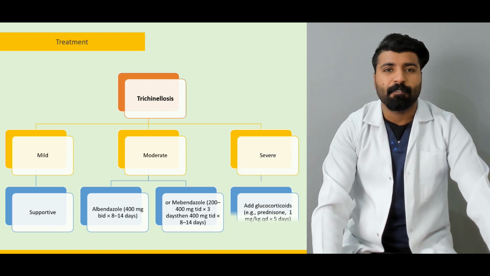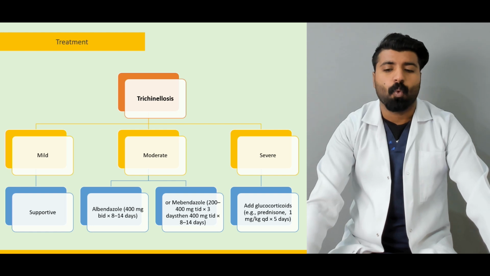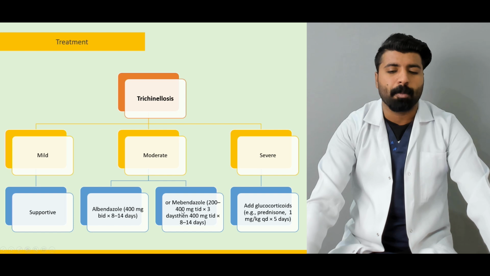Then we have severe infestation or infection, in which we give either albendazole or mebendazole, but we add glucocorticoids. In the glucocorticoids, we give prednisolone, which is given 1 milligram per kilogram QD for 5 days. What does that mean?